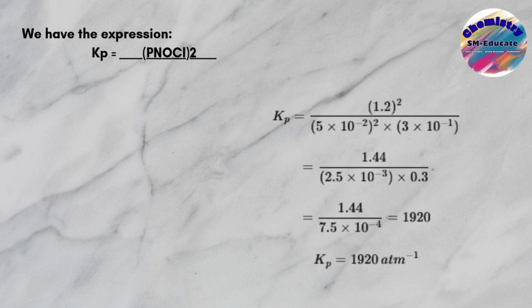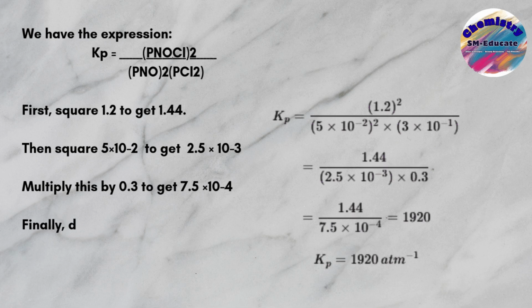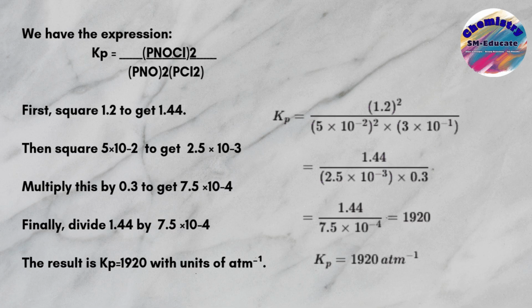First, square 1.2 to get 1.44. Then square 5 times 10 to the minus 2 to get 2.5 times 10 to the minus 3. Multiply this by 0.3 to get 7.5 times 10 to the minus 4. Finally, divide 1.44 by 7.5 times 10 to the minus 4. The result is Kp equals 1920 with units of atm to the power of minus 1.